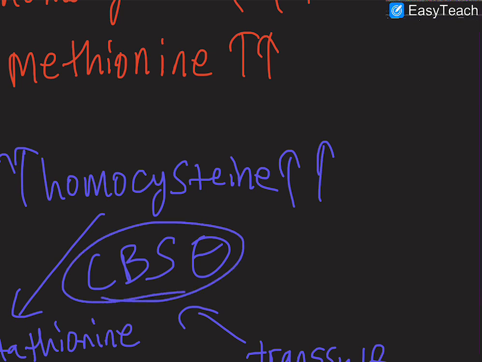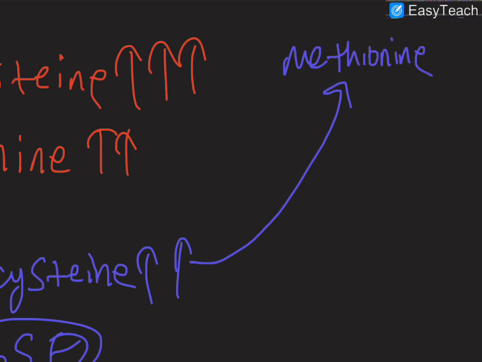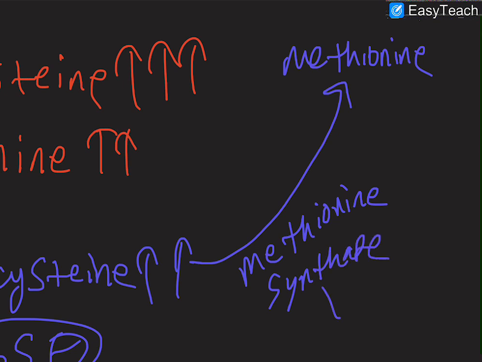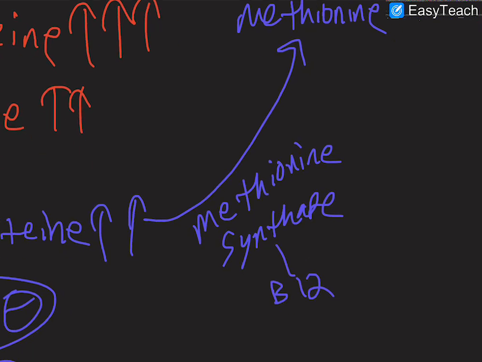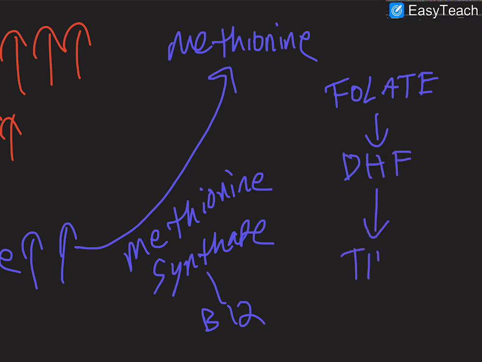In homocystinuria, the problem is with this enzyme. We still have normal B12 levels, normal B9 levels, and so on. So this buildup of homocysteine can get converted into methionine, because this requires methionine synthase, and methionine synthase needs B12. We also need folate, which gets reduced to dihydrofolate, then converted to tetrahydrofolate via dihydrofolate reductase.